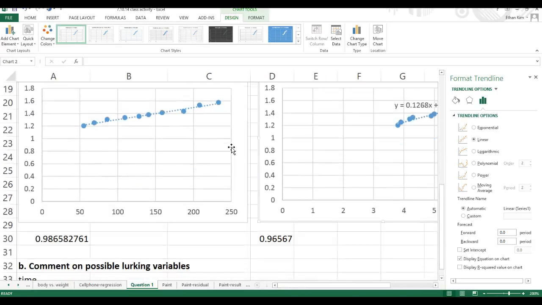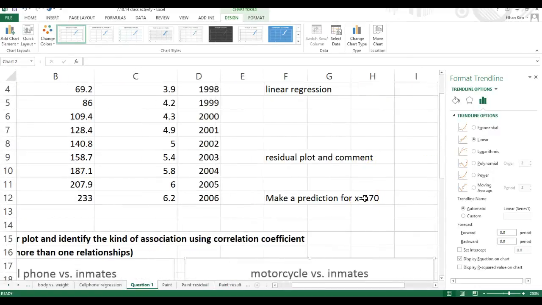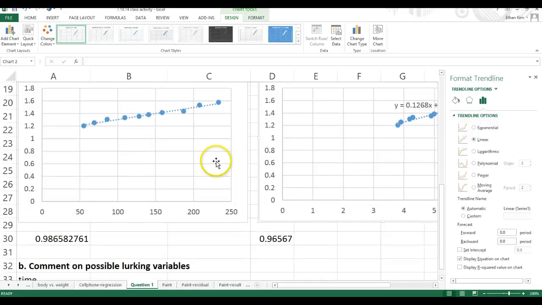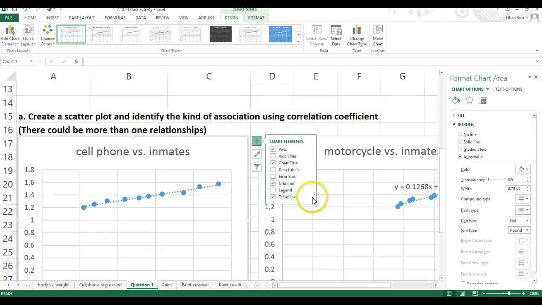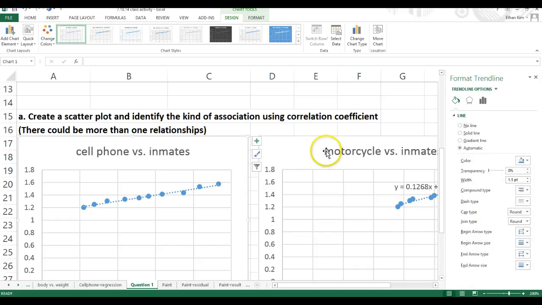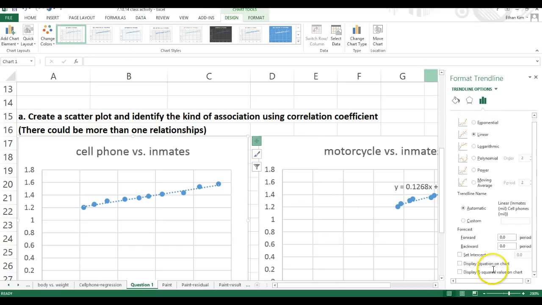So using this equation, we can make a prediction for x equals 170. That's for cell phone versus inmate. So let's just change that as well. For let's see, more options, and then show. No, this is not working. More options and display equation on chart.